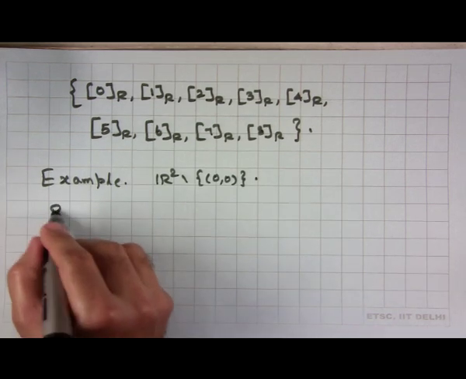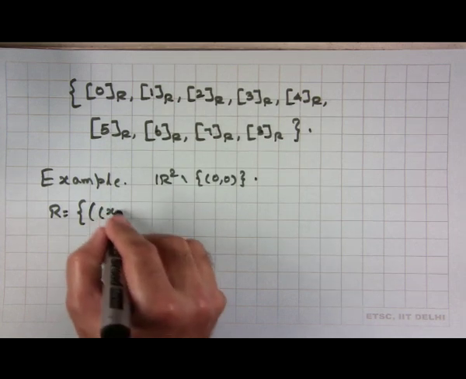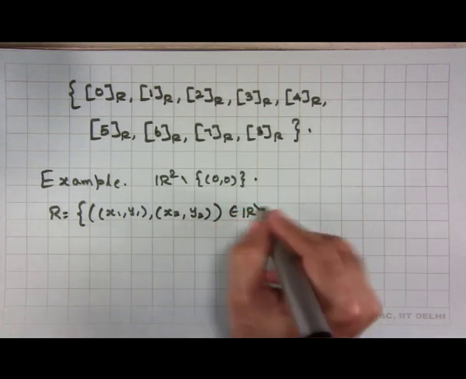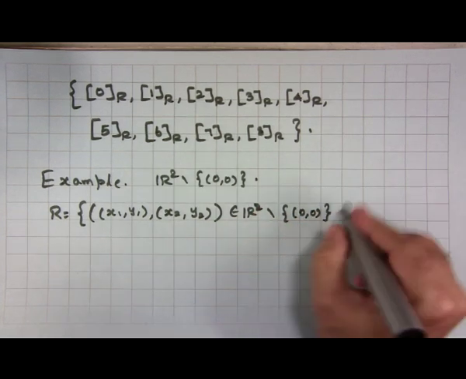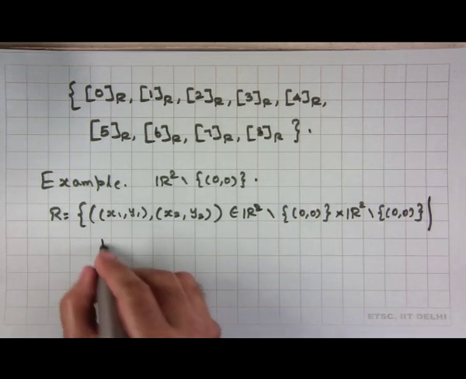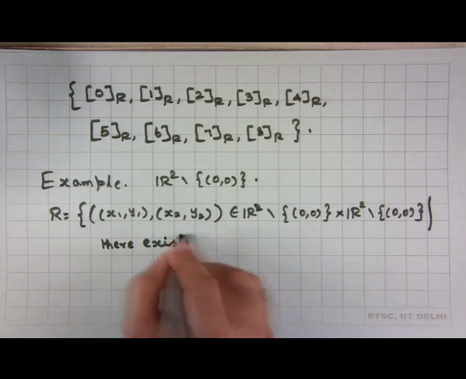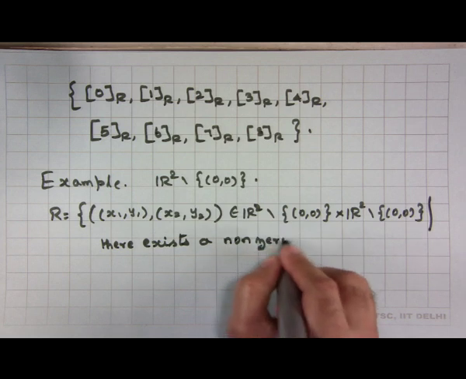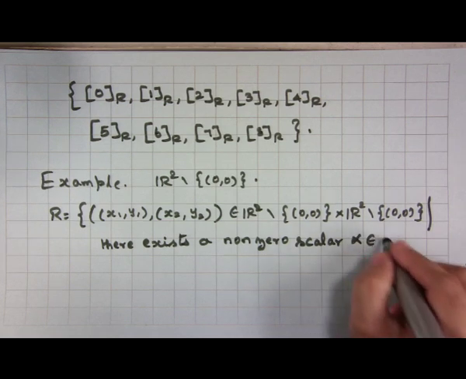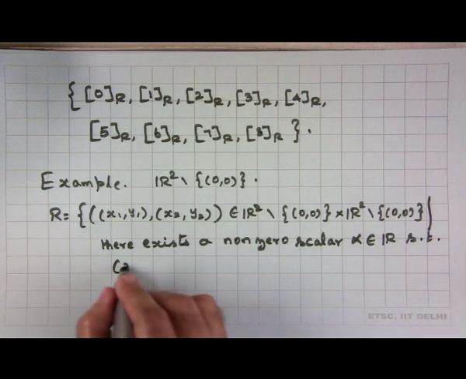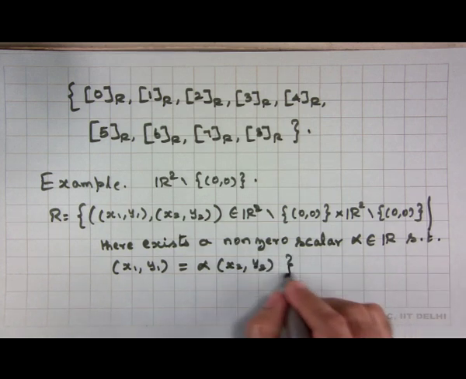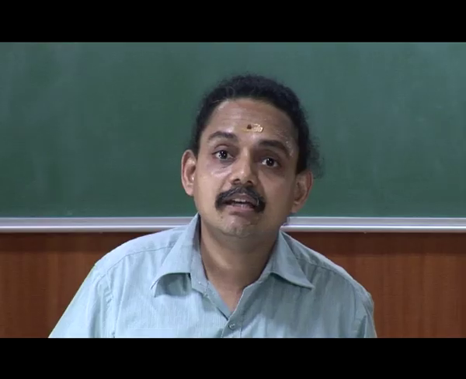We had a relation R as all those pairs (x1, y1), (x2, y2) in R 2 minus 0 cross R 2 minus 0 with the condition that there exists a non-zero scalar alpha in R such that (x1, y1) is equal to alpha times (x2, y2). In fact, we saw that this R is an equivalence relation.